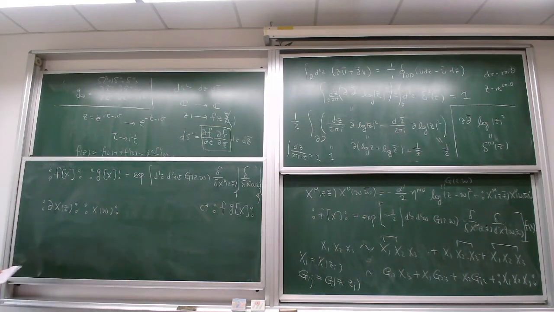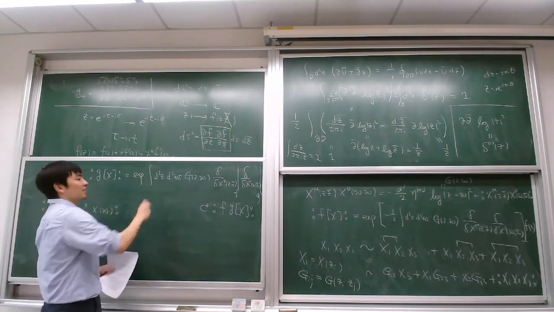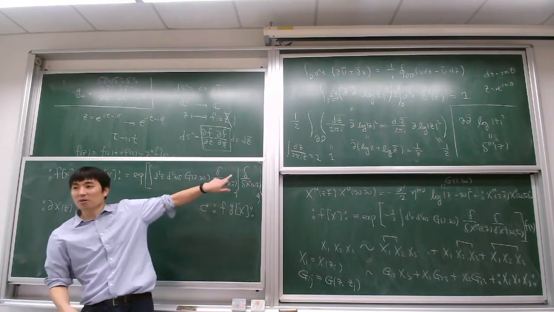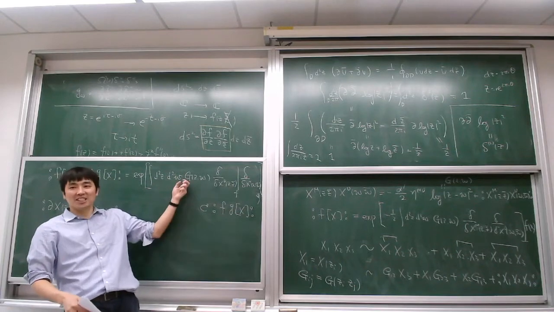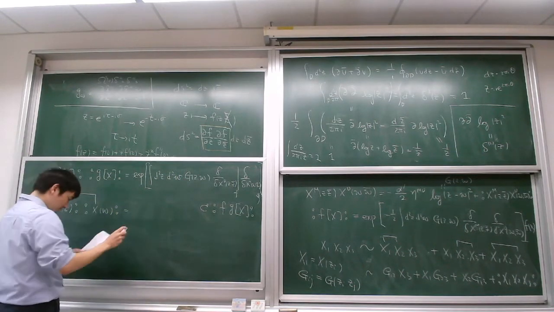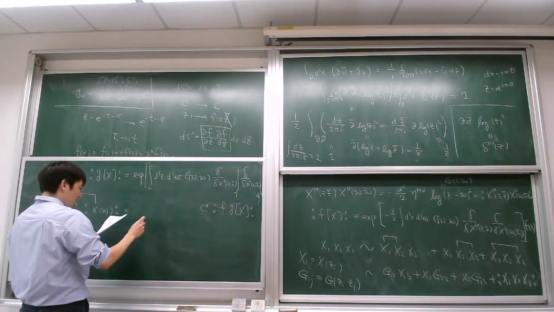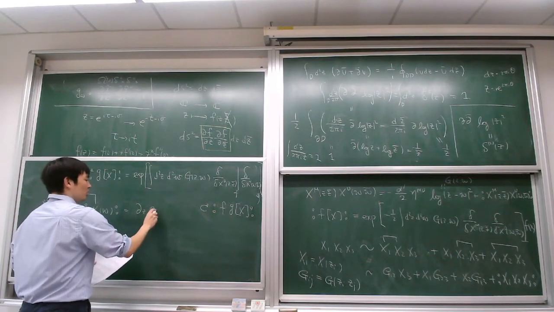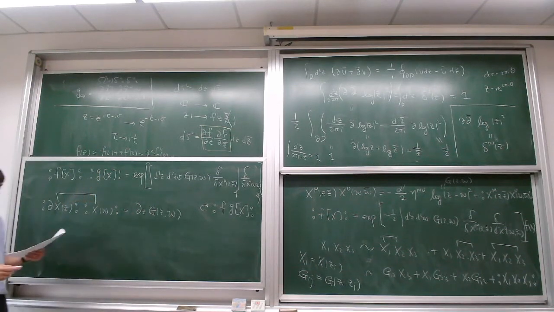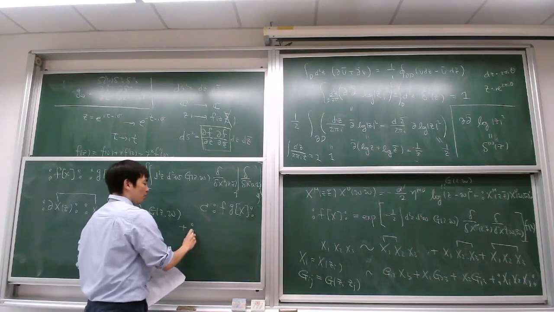Essentially this operation gets rid of two x's and replaces them with G z w, and the rest is just a normal ordered product.